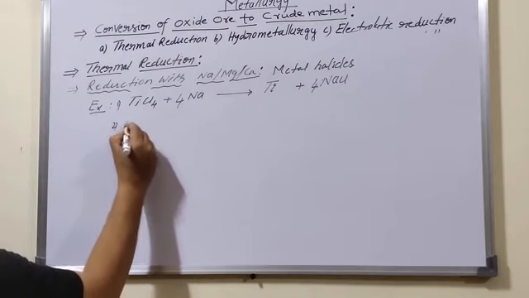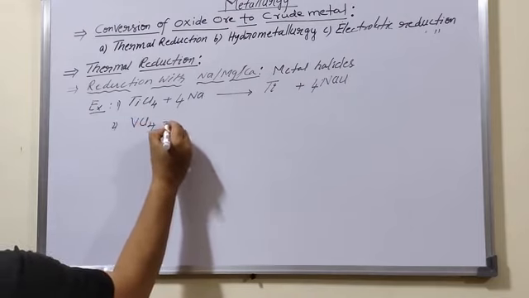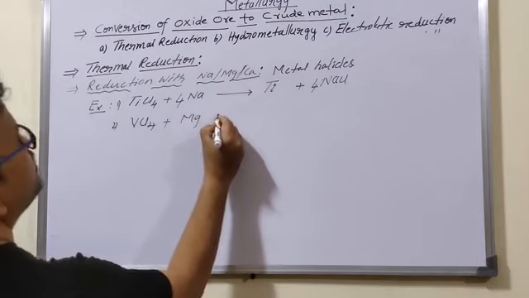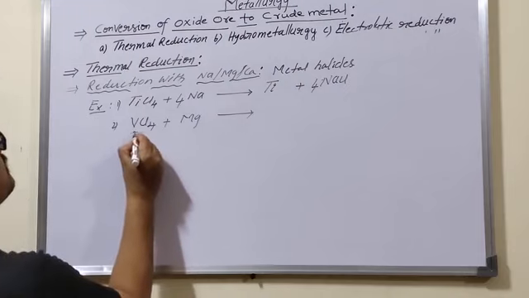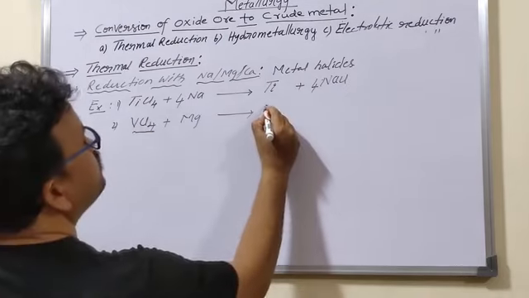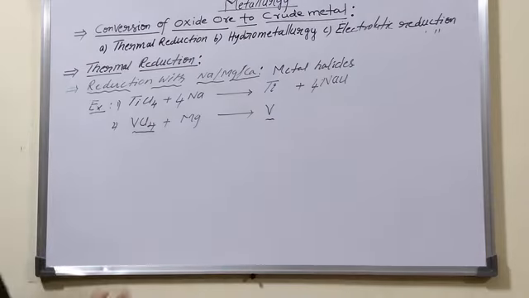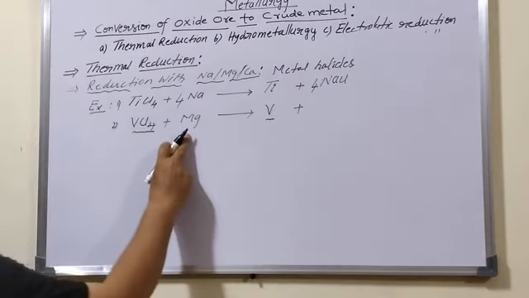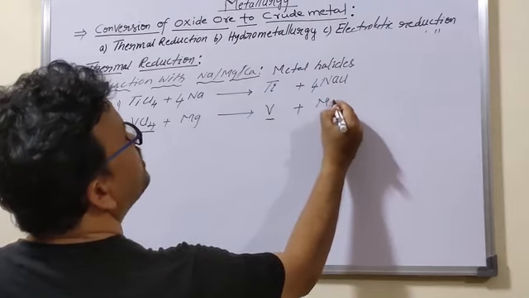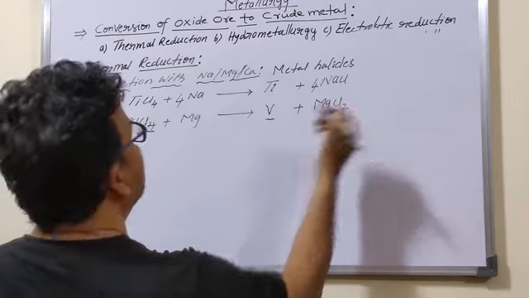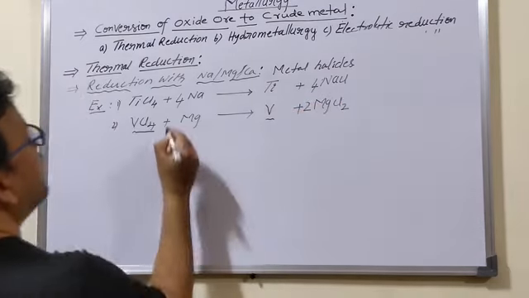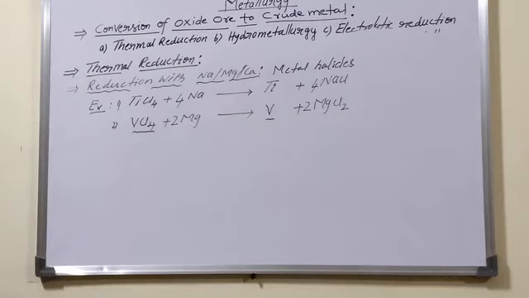Here I am taking vanadium tetrachloride. It is reduced with magnesium. Magnesium is a reducing agent, and the halide is reduced to metal. Magnesium is oxidized to magnesium chloride. So sodium, magnesium or calcium are used to reduce metal halides.